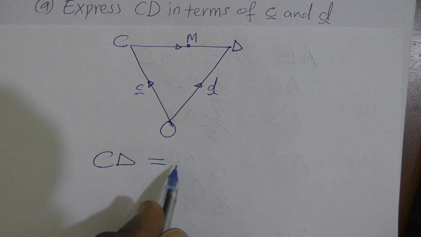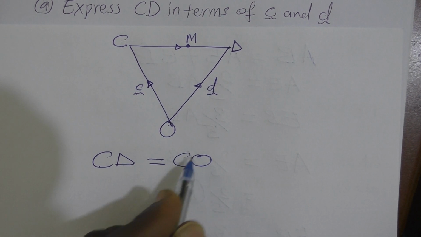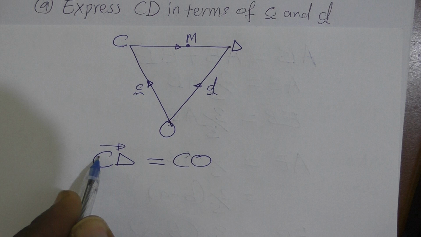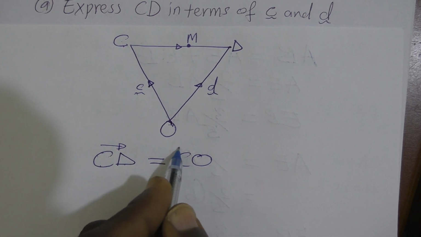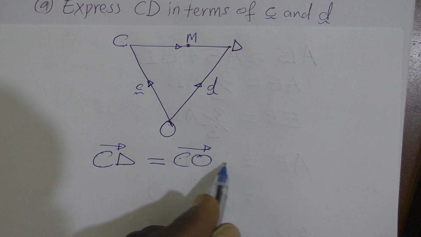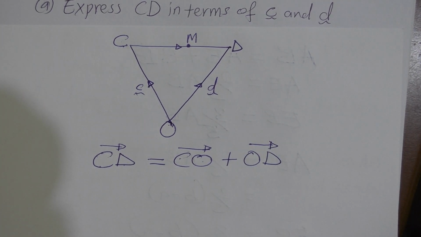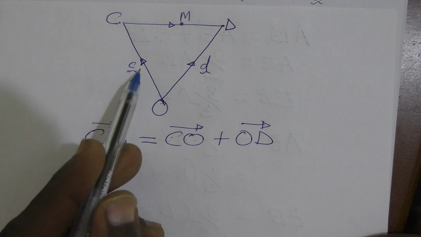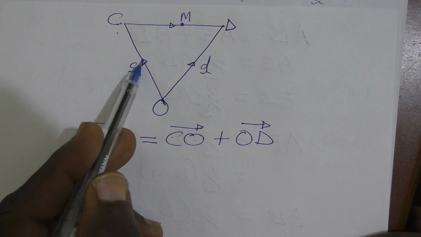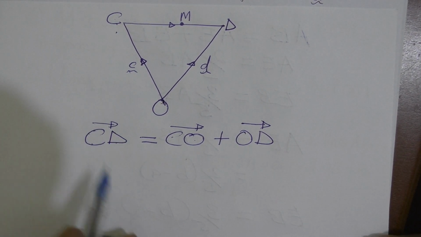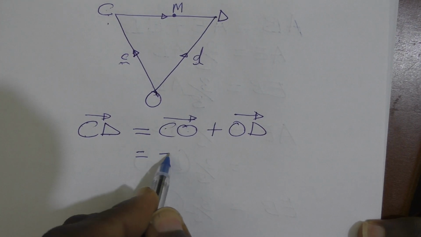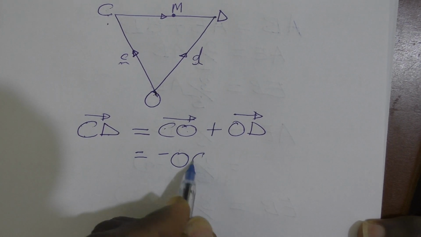Therefore, CD is CO, then OD, meaning from C to O, then from O to D. So CO is when we have reversed the direction, and therefore CO is the opposite of OC.